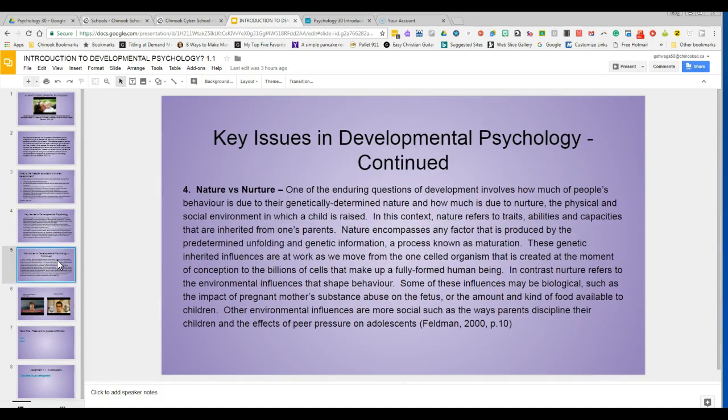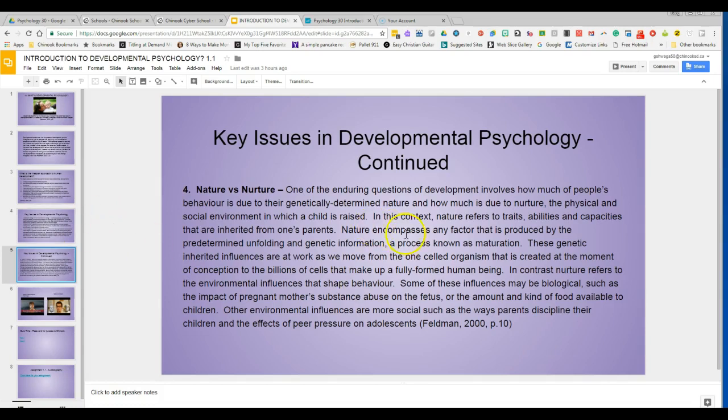So we're talking about this as well. How much of who we are is what we are born with in terms of the biology, the genetic makeup, and so on? And how much of who we are right now is based on the environment? And that's basically what nature versus nurture is.